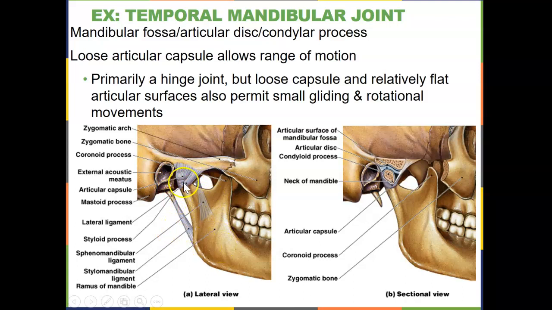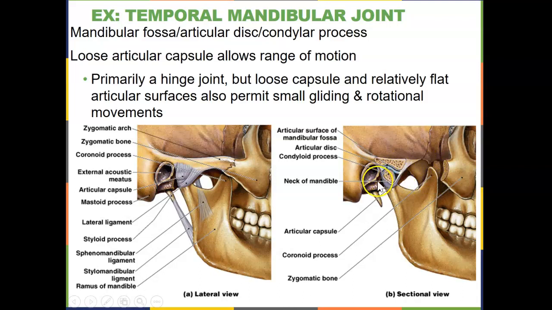And sometimes, especially right up in here where you have the articular cartilage, the lateral ligament can sometimes roll over the condyloid process. I'm sorry, I'm looking at the wrong bone, my apologies.